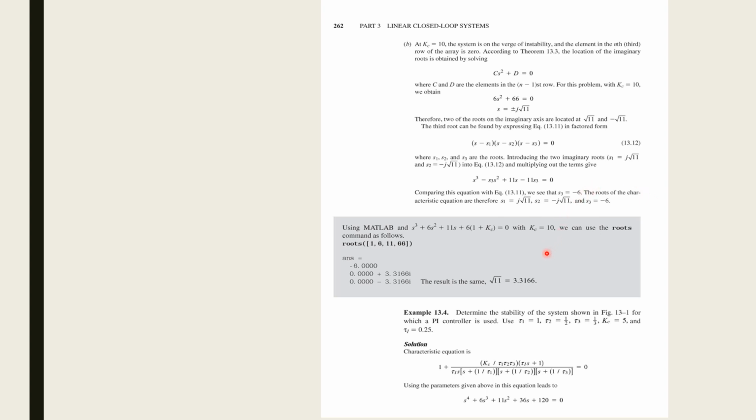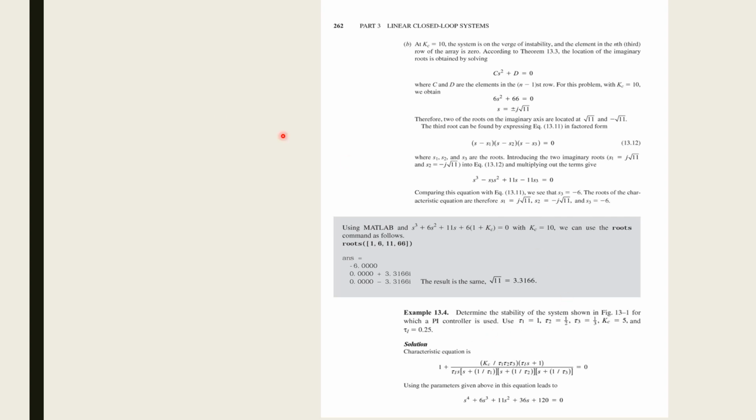Okay, if you look at the system now, the same system we've seen in the tutorial and in the book. If you put a PI controller, which we know the equation is Kc times 1 plus 1 over tau I s.